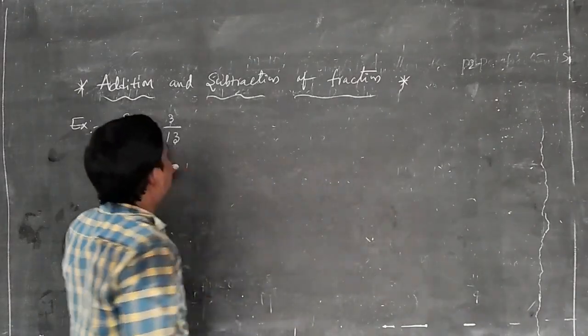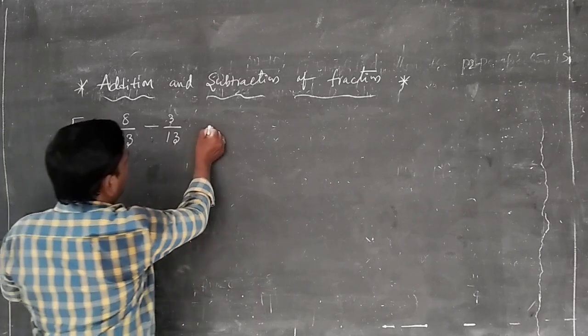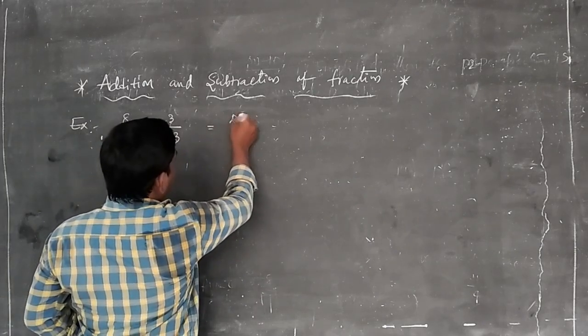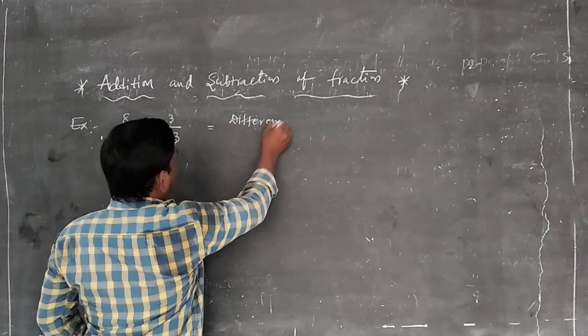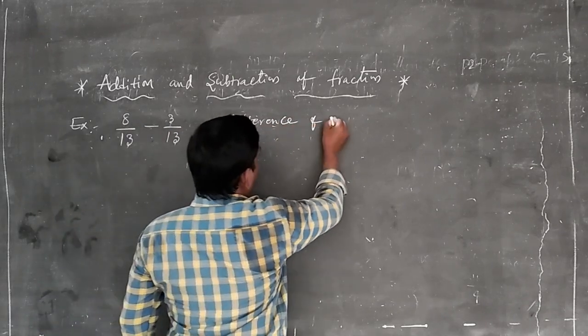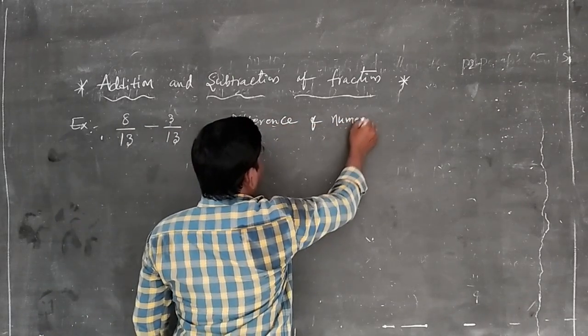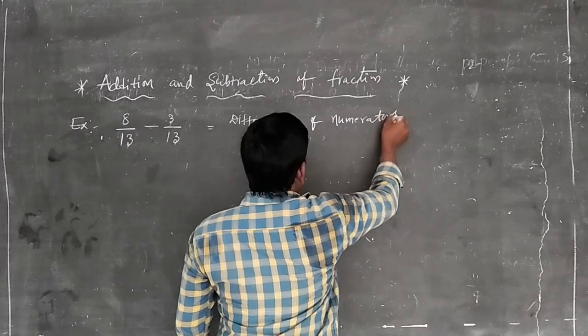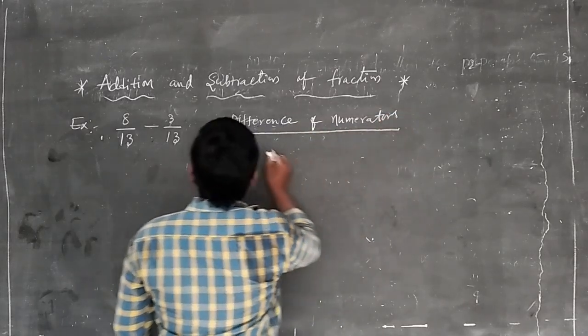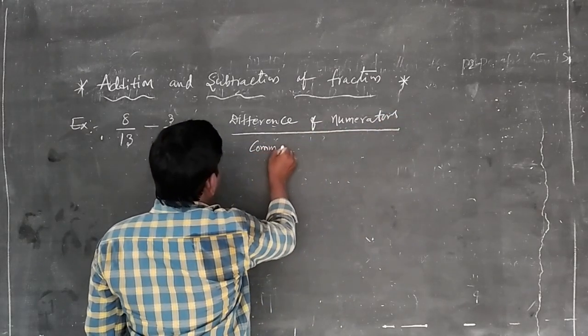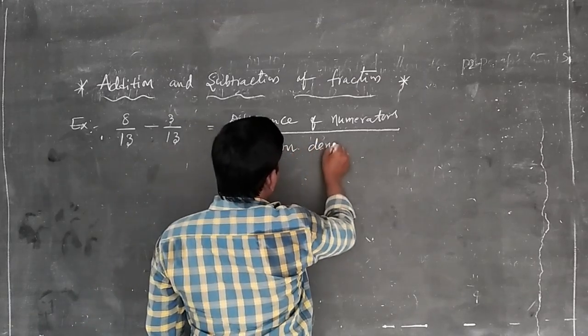So when you want to subtract both fractions, it equals difference of numerators by common denominator.